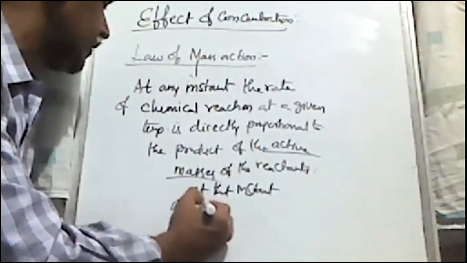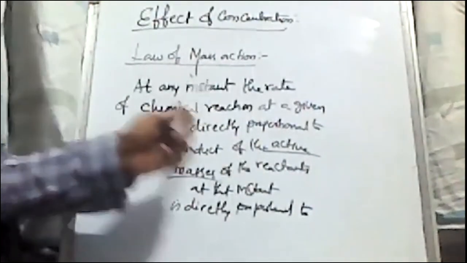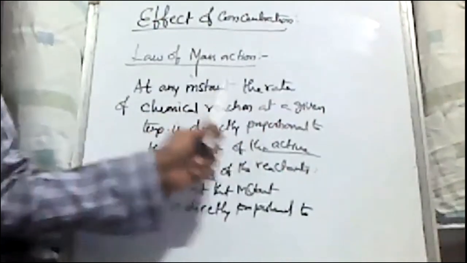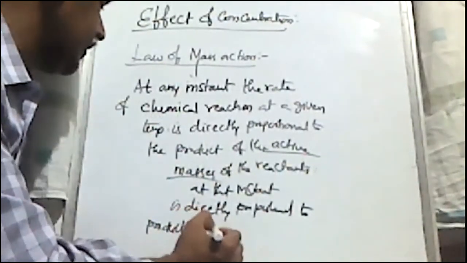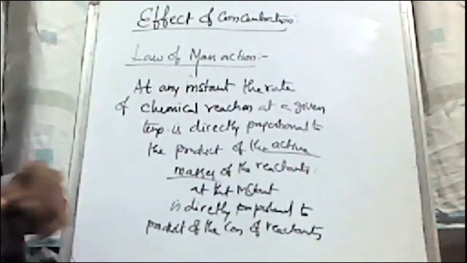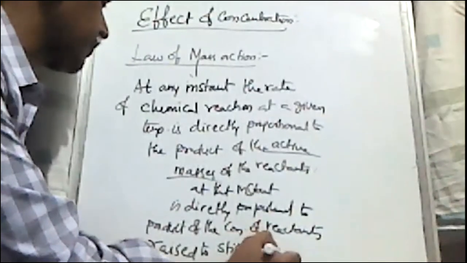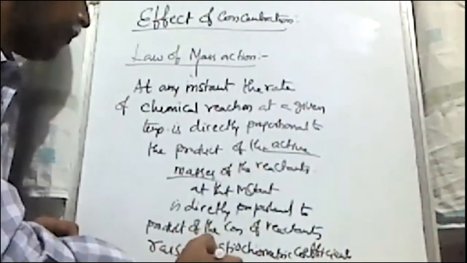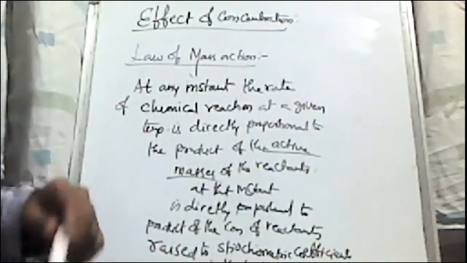That is, the rate of a chemical reaction at a given temperature is directly proportional to the product of the concentrations of reactants raised to the stoichiometric coefficients in the balanced chemical equation, right?